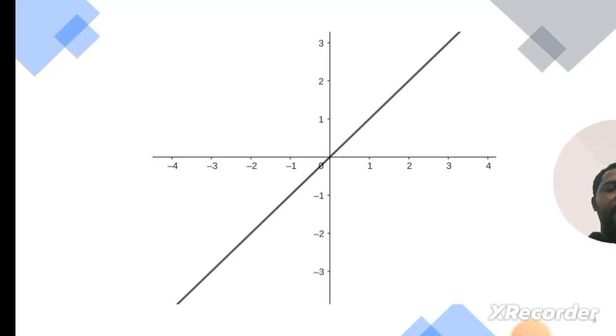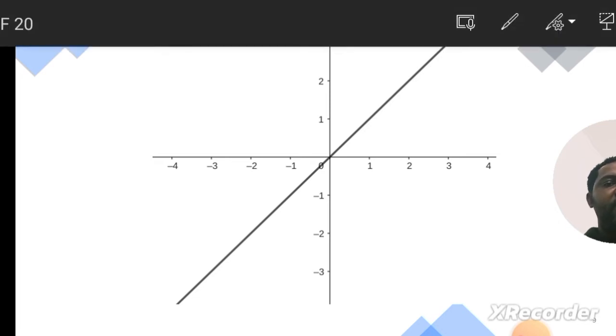Okay, so we start with this. This is the first thing we are supposed to know: the direction of graphs and what it means. This is the first graph I'm going to be showing us here in this video. I want you to observe something, that the graph passes through the origin. You see that?